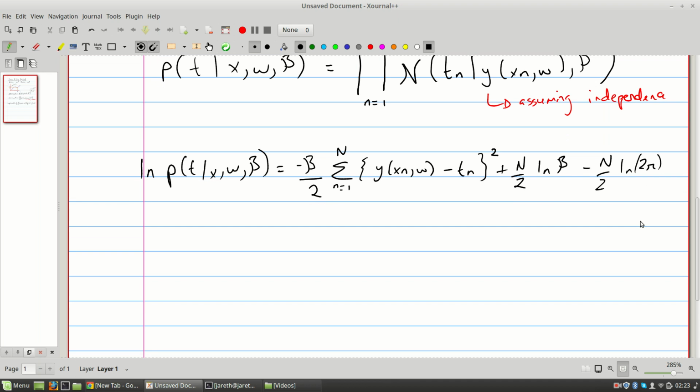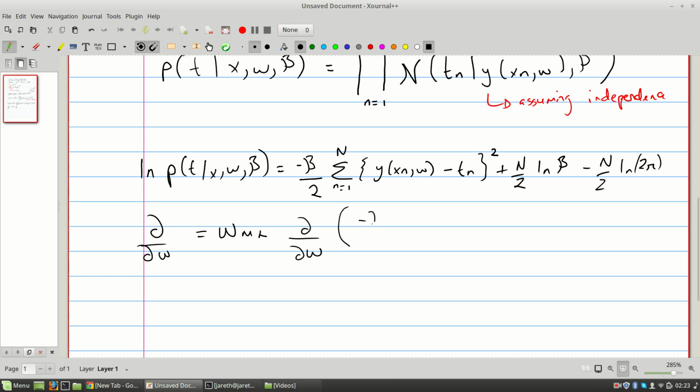If we perform the maximum likelihood estimate with respect to w, given this equation, so if we take the derivative with respect to w and end up with our w_ML, which we call w under the maximum likelihood assumption, and ignore the terms that don't depend on w, we end up with an optimization that looks somewhat like this.